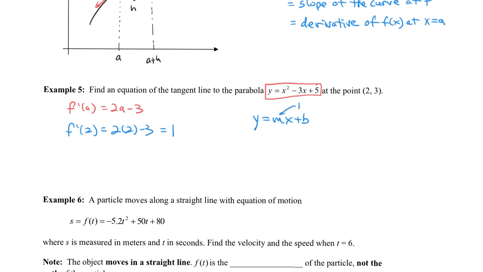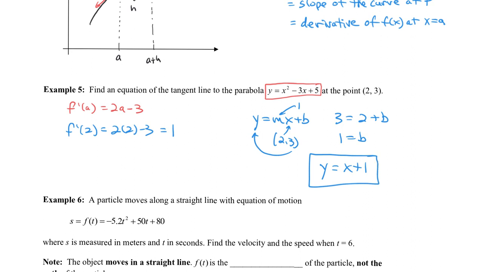Plug in a 1 for the slope. And I'll take 2 and 3, plug in 2 for x, 3 for y, and then we can find b. So 3 equals 1 times 2, which is 2, plus b. So if we subtract 2, we get 1 equals b. So we end up with y equals 1x, or just x plus 1.